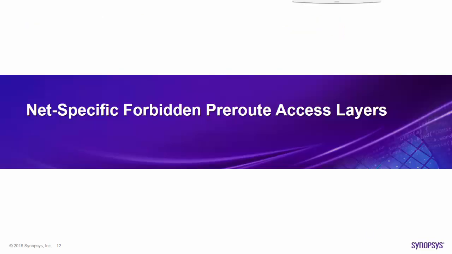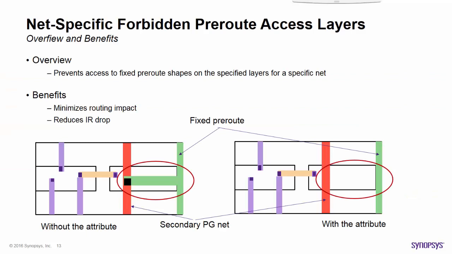Let's move on to the next feature, net-specific forbidden pre-routing layers for signal route. Overview and benefits. The new attribute provides access controls for pre-routes in the following way.